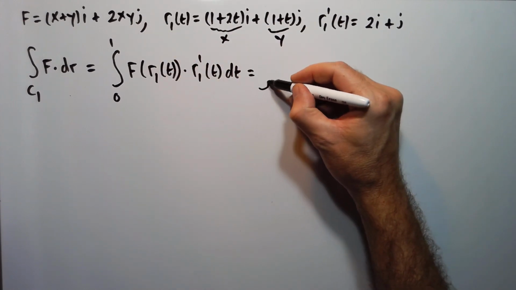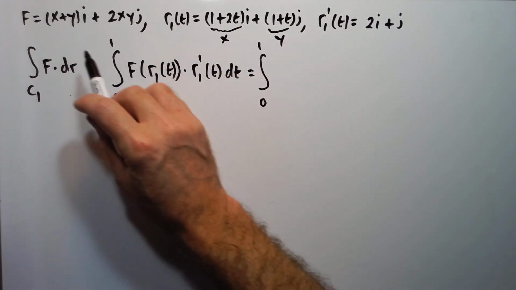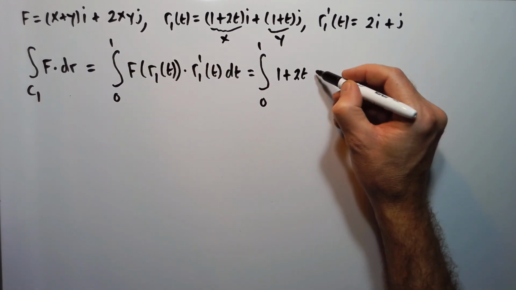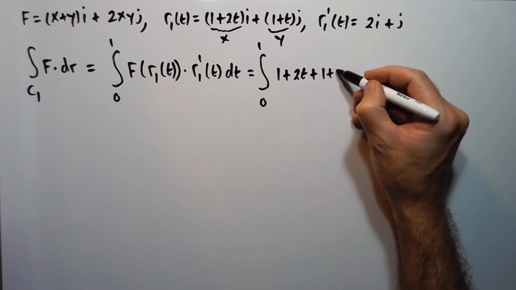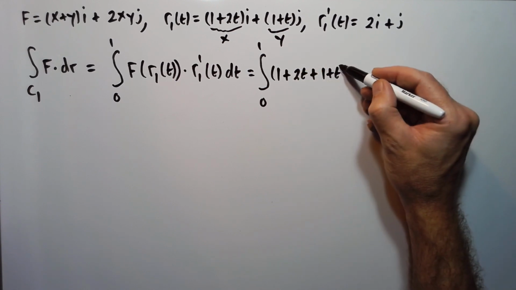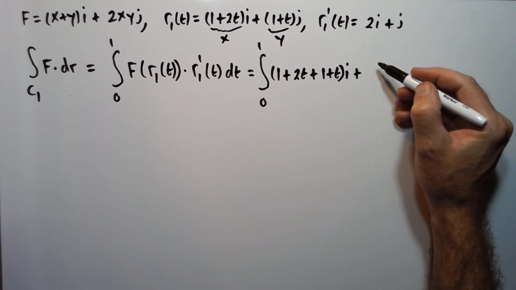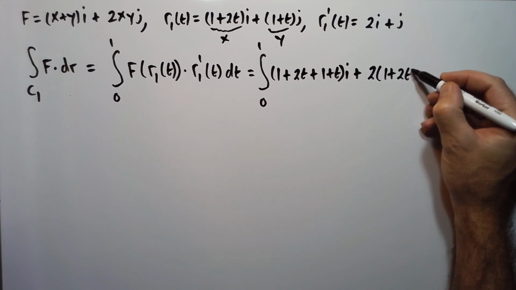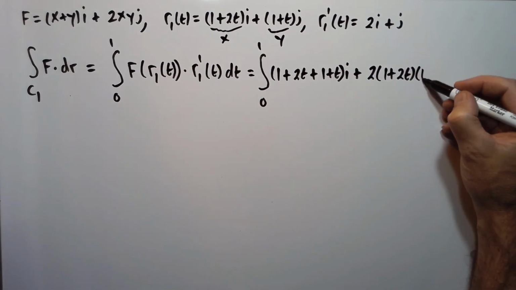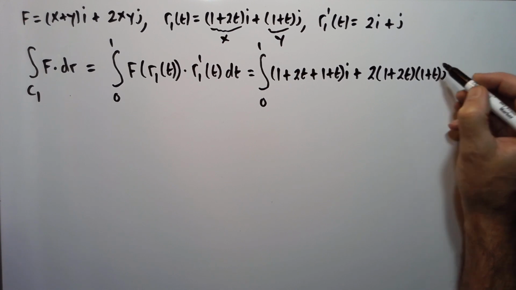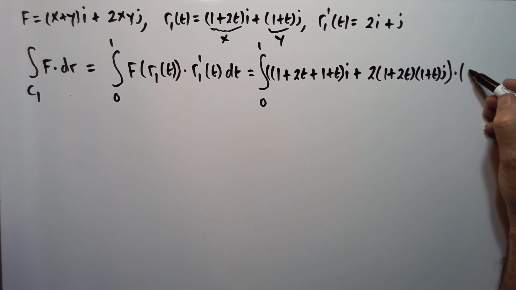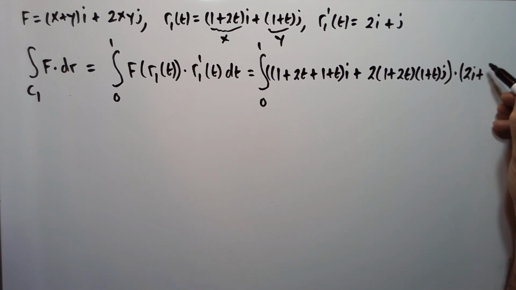So it becomes the integral from 0 to 1 of x plus y, which is 1 plus 2t plus 1 plus t, that would be i, plus 2 times x, which is 1 plus 2t, times y, which is 1 plus t, j. This thing dotted with 2i plus j, then dt.